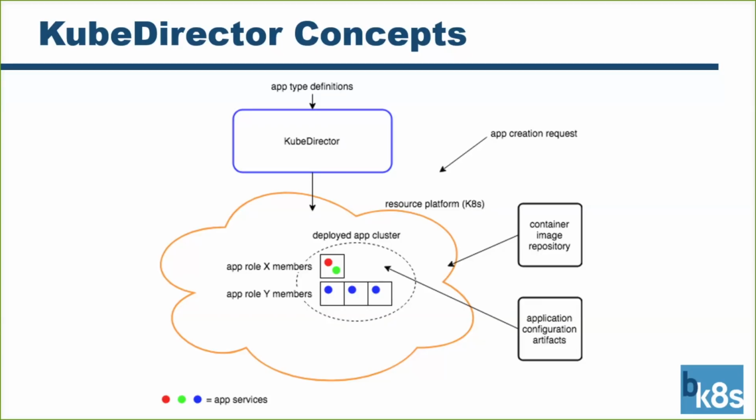When someone asks KubeDirector to create a virtual cluster by submitting this custom resource that asks to instantiate an application type, KubeDirector is going to start creating objects in Kubernetes. And one of the important things that you'll see when we get into actual KubeDirector activities is the concept of roles.